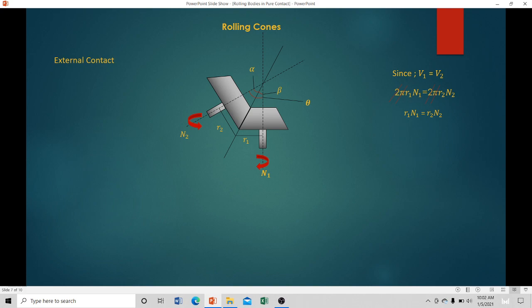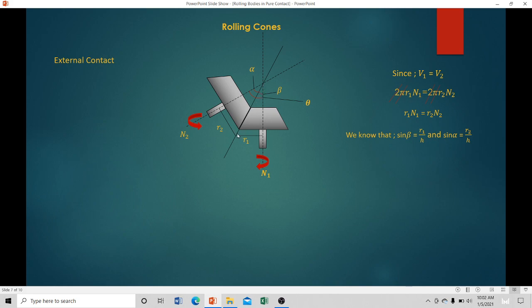If we go back to the trigonometric function, assume this triangle so we can create a sine function. We have sine beta is equal to R1 over H, where R1 is the opposite side and H is the hypotenuse of this triangle.